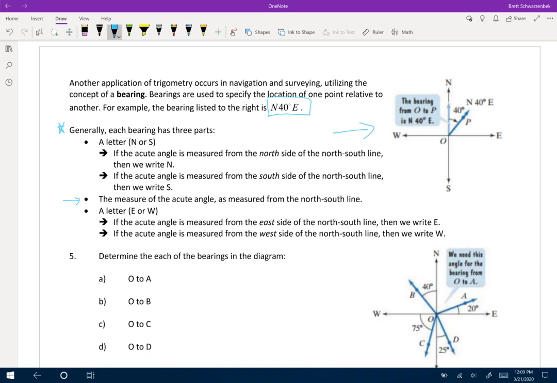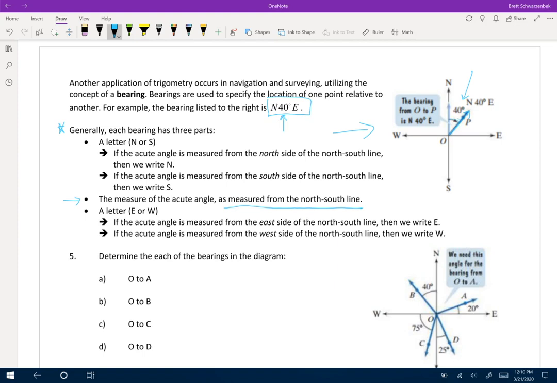It says the measure of the acute angle as measured from the north-south line. So of course the north-south line is this one, right? That is the line that we are going to be measuring the angle from. If you look closely at this, you'll see that this was measured as 40 degrees. So you can see that when we draw this line here, we're measuring the angle from the north-south line.